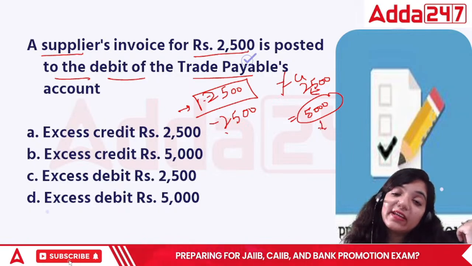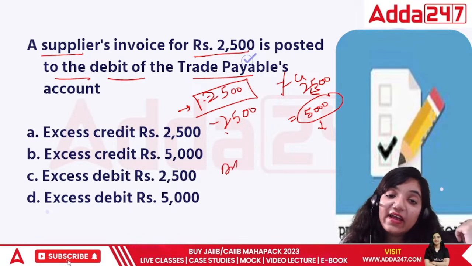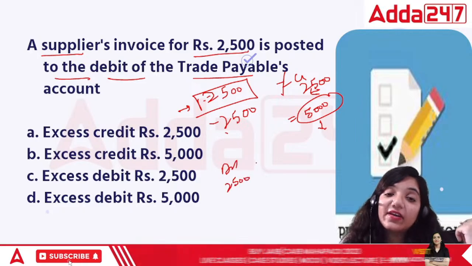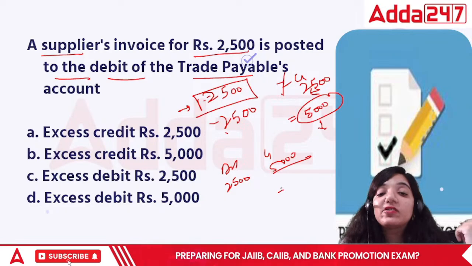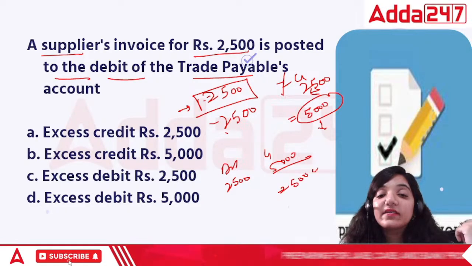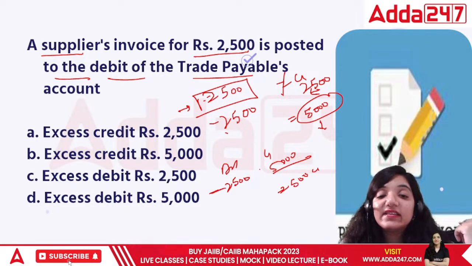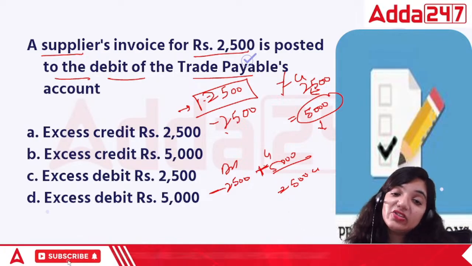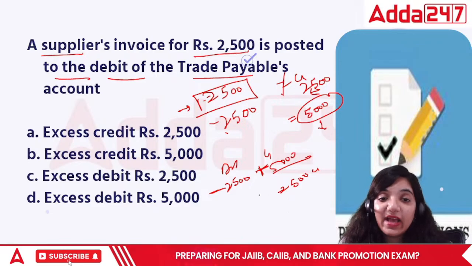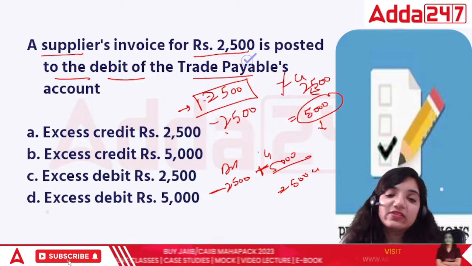So automatically, if your debit side has 2,500, credit side has 5,000, the value will become 2,500 credit.